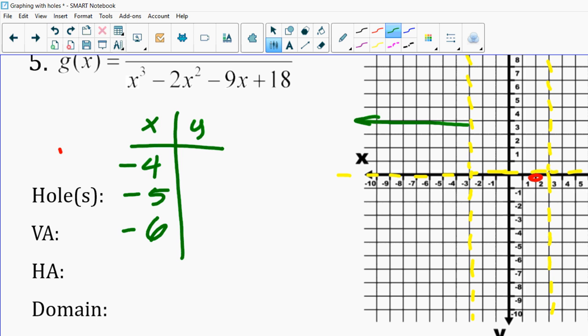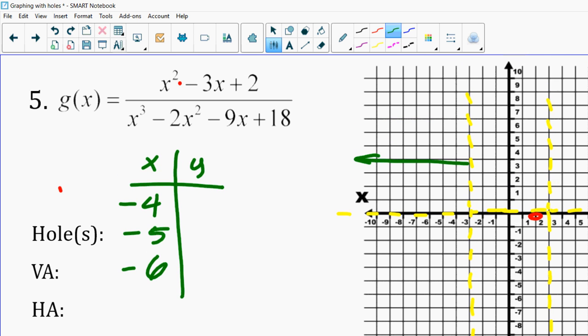Go to your calculator. You're going to have to type that equation in. You can type in the simplified equation, or you can type in the original. It won't matter. What y values are you getting? So -0.7. What else? -0.4.